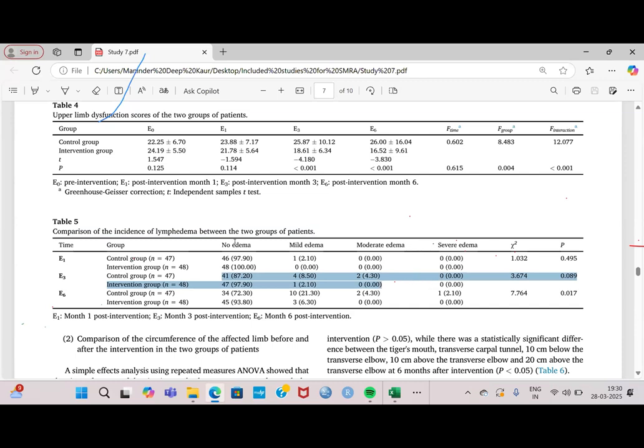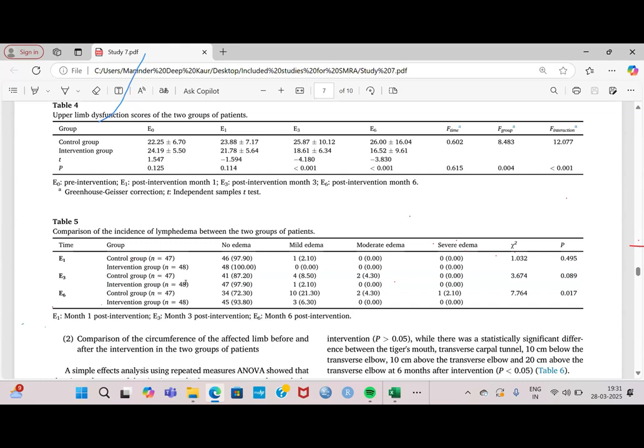See that they have divided the categories of lymphedema like no edema, mild edema, moderate edema, and severe edema. If there is a mild edema, it means yes, the patient is having edema. No means the patient doesn't have lymphedema. So I will sum all these values. First we'll see the intervention group.